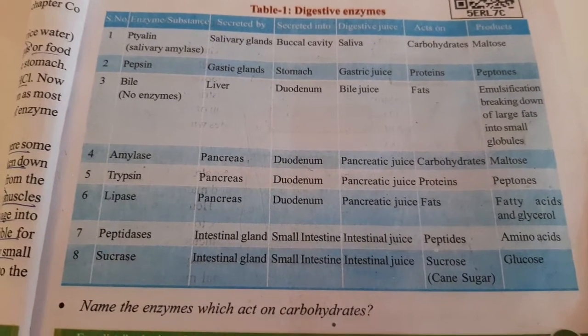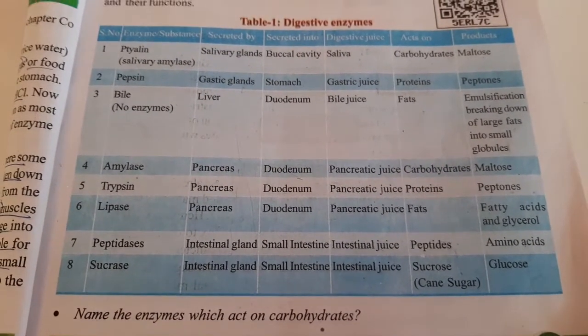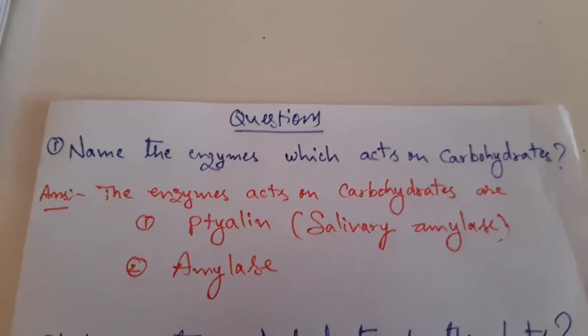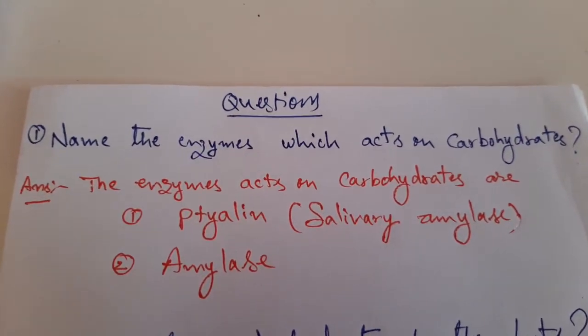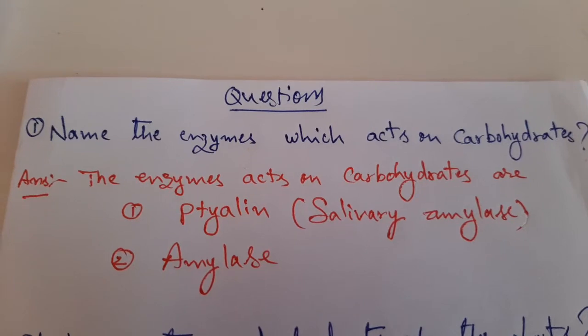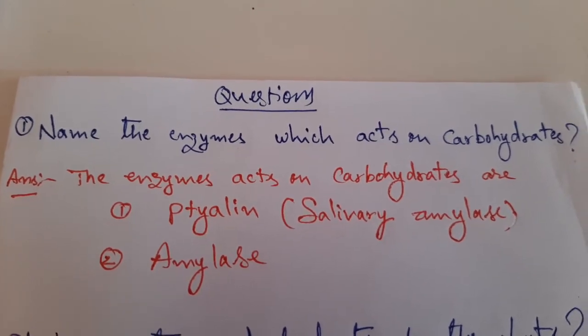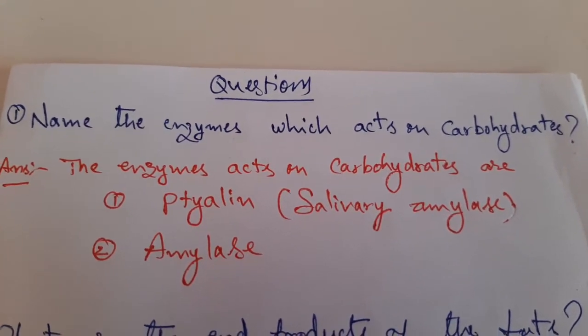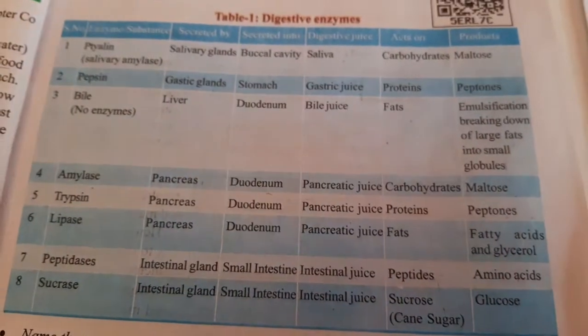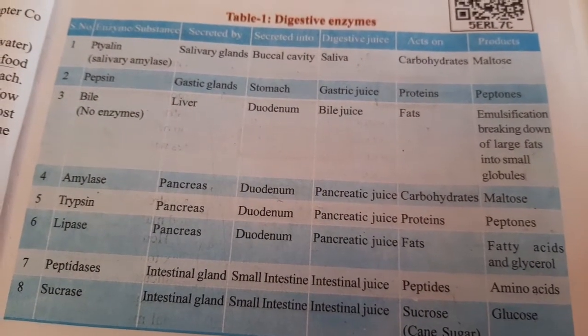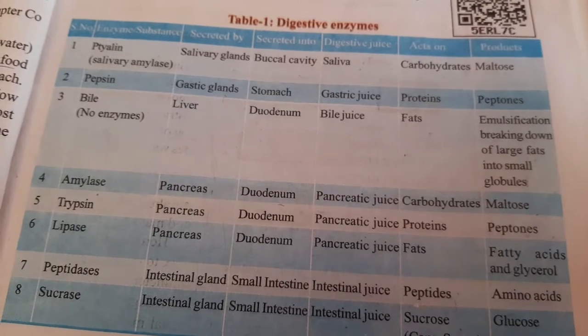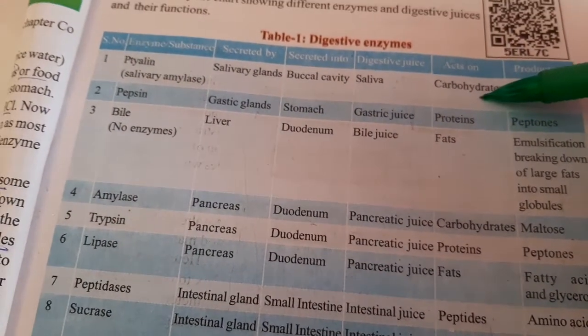So you may get some questions based on this table. So now observe the questions. First question: name the enzymes which acts on carbohydrates. Now students, observe this table. So which enzymes acts on carbohydrates? The first enzyme, that is ptyalin.